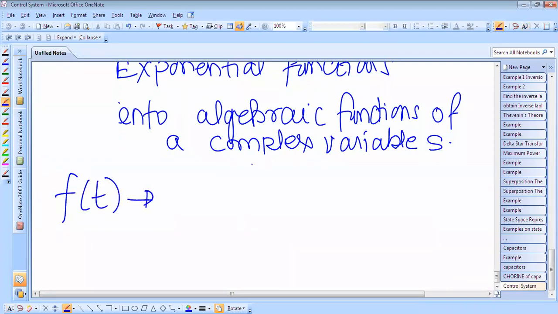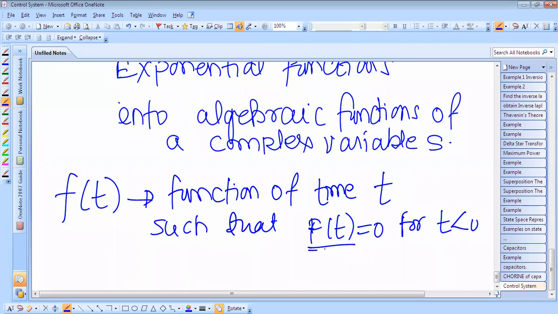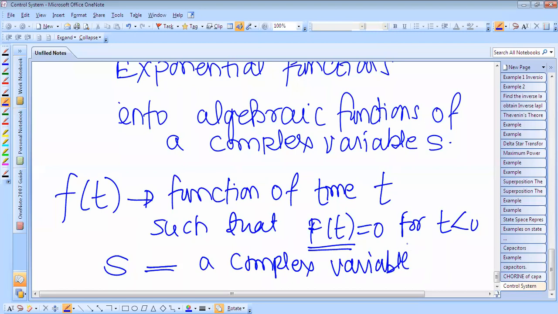Suppose f of t is a function of time t such that f of t is equal to 0 for time t less than 0. And this S is a complex variable.